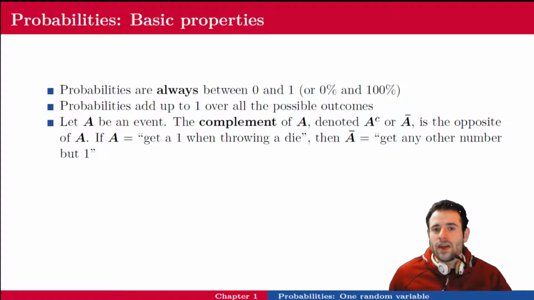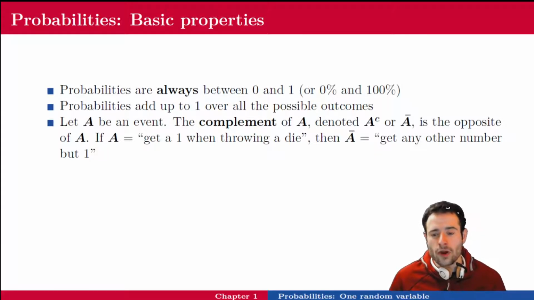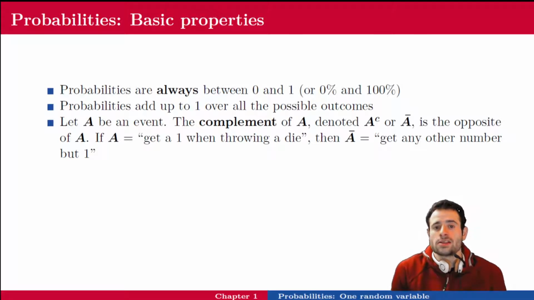Now, let's take an event called A. The complement of A, which we will denote A^C, C for complement, or A bar, so it really depends on your favorite notation. Personally, I prefer A bar, that's just how I learned it. It is the opposite of A. So if you think about the event get a 1 when throwing a die, then A bar, the complement, would be get anything else but 1.